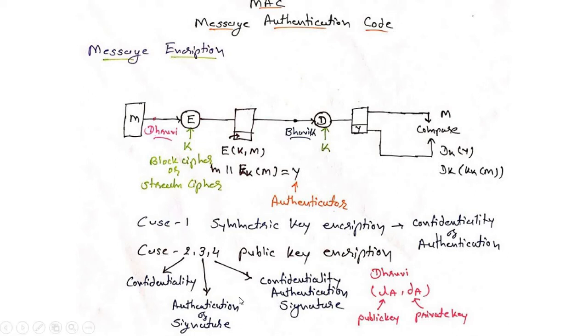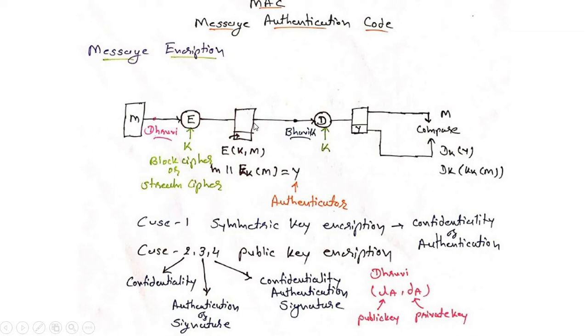In some other cases with public key encryption, there is case number 2. In case number 2, we will make one modification. In place of the symmetric key, we will use the public key. It means the key was symmetric in the first case, but right now Dhruvi is making the key public.